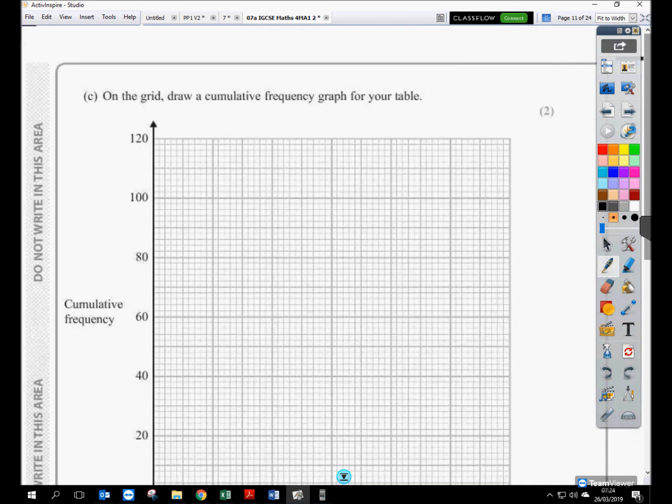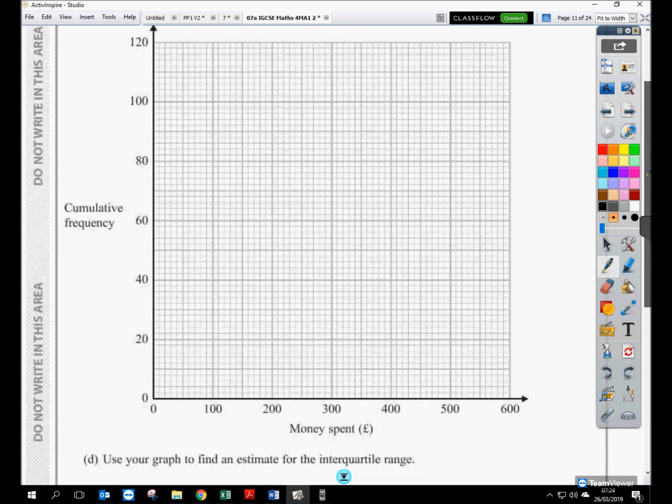So we start here at 100. Have a look at the scale: 10 squares for 20. That means each tiny square is worth 2.